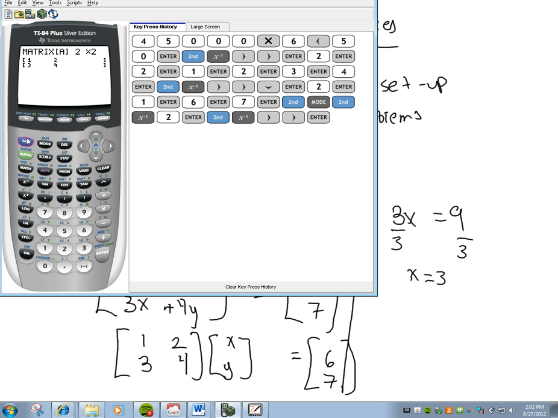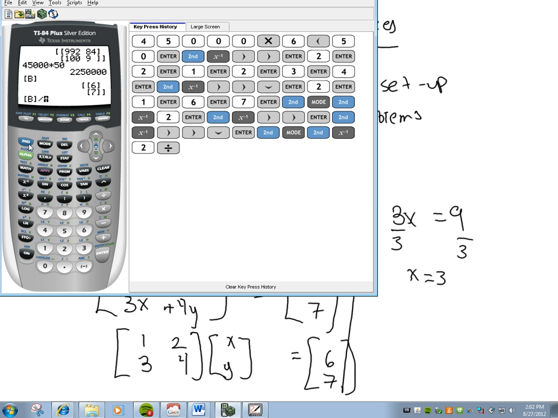There's my 1, 2, 3, 4, and here's my 6, 7. If I go ahead and divide the B matrix by the A matrix, I run into a data type error.